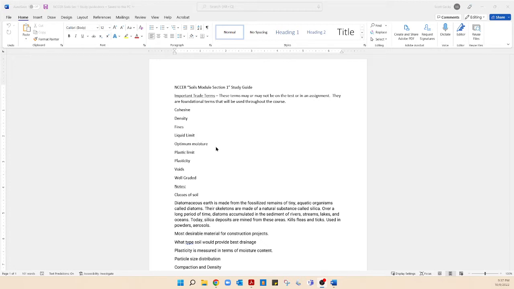We'll talk more about optimum density, optimum moisture content as I refer to it. Plastic limit, I just described that. Plasticity is the ability to mold the soil like silly putty. Voids: a sample of soil is composed of 3 phases.